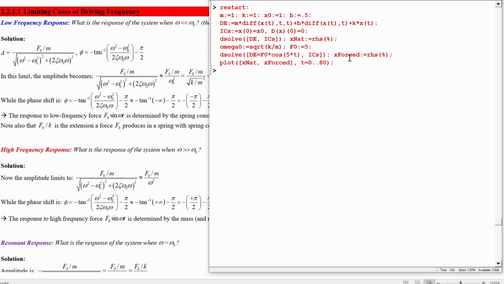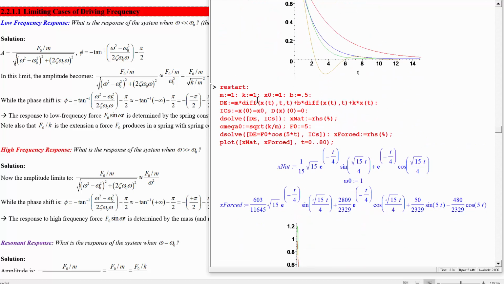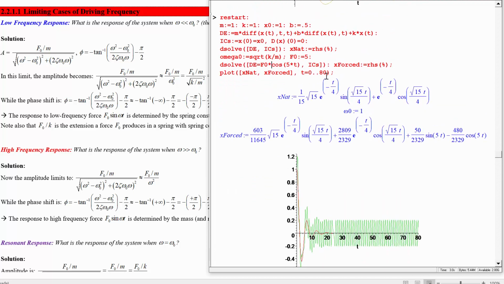And so what's omega naught? Omega naught here is 1. Of course, because we had mass and the spring constant both equal to 1. So the natural frequency is 1. Okay, so to get the low frequency response, we're going to want to drive this with a frequency that's much less than 1. So let's take 0.1.